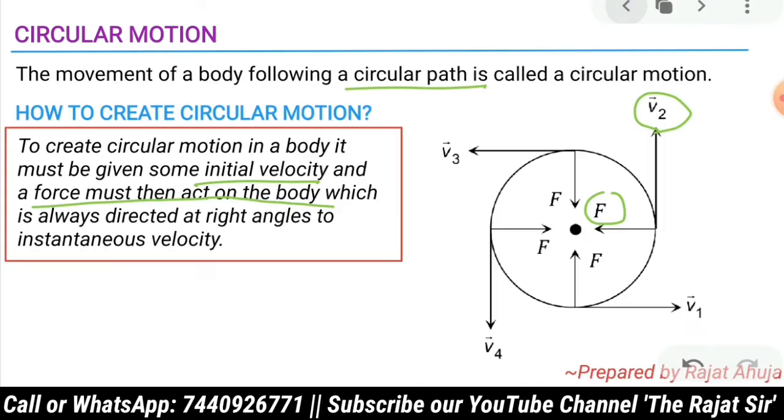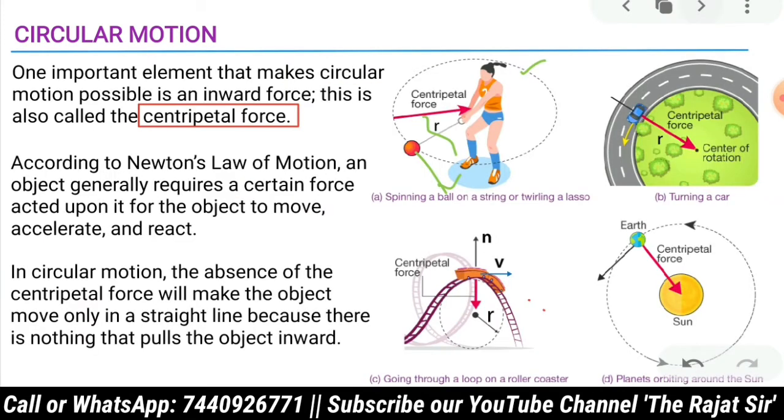That's why it is written here that the initial velocity and the force both act at right angles to each other. You can see in the given figure also that the force and the velocity component are both acting at a right angle to each other, and the body keeps on rotating and following a circular path.